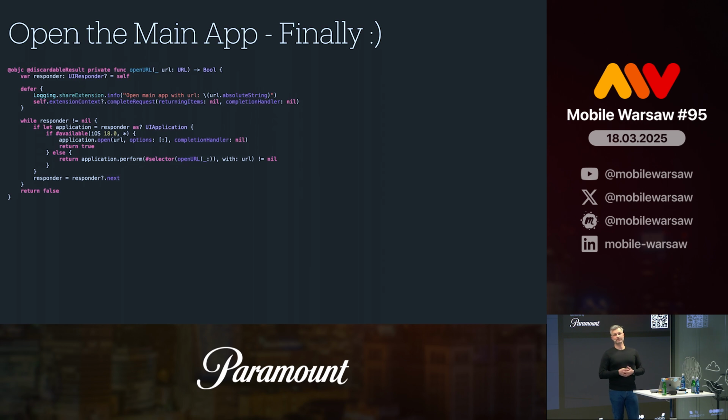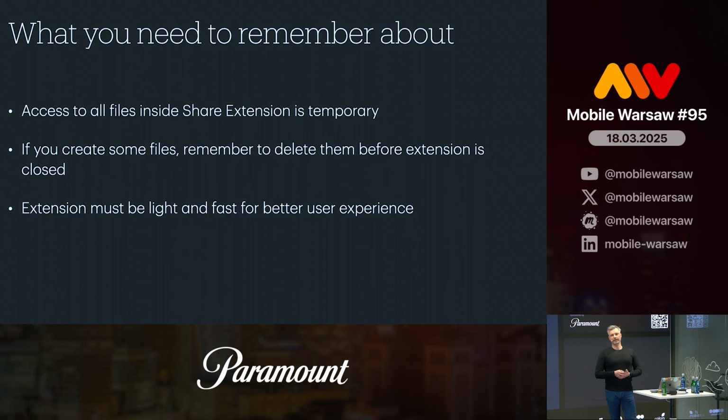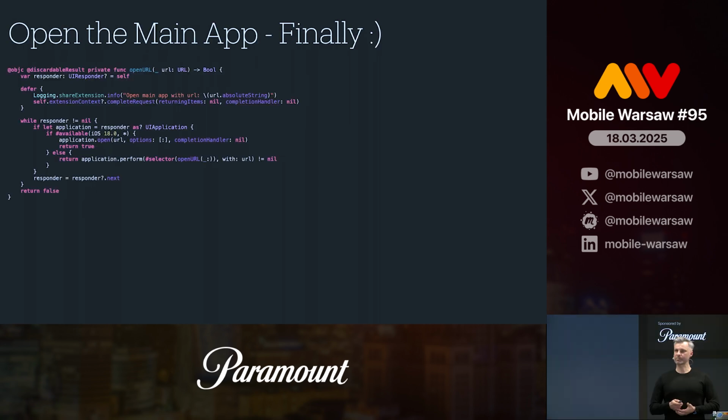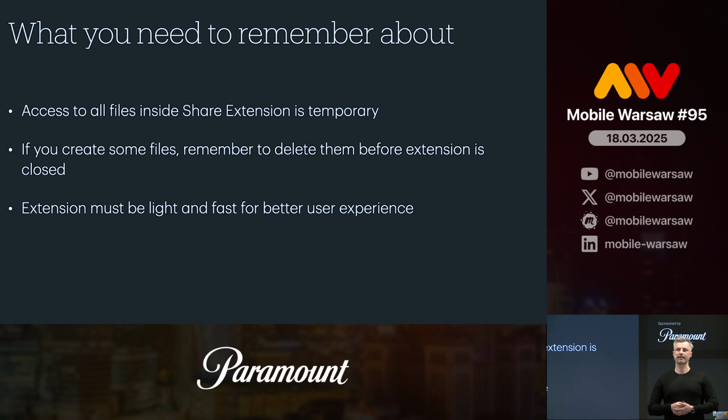And it appears that it works differently and uses a different API in iOS 18 and above. That's why we have this availability checking. And that's all from the extension side.